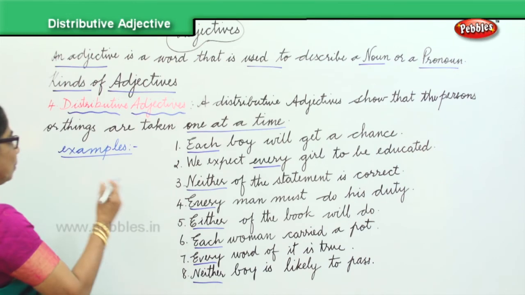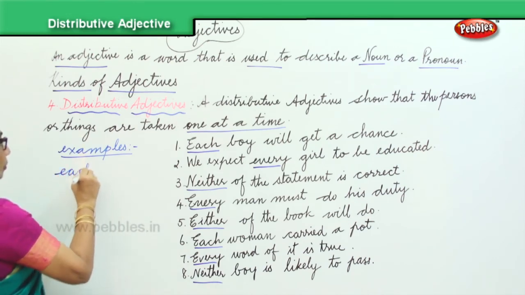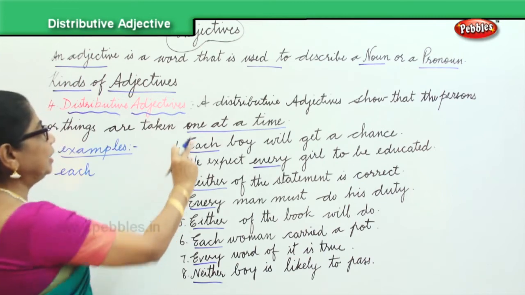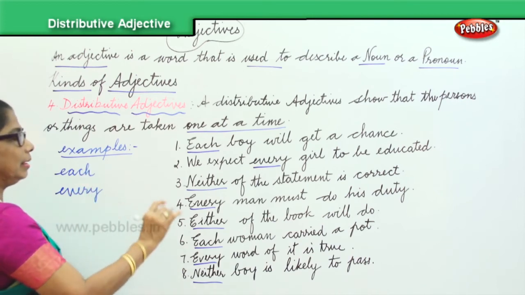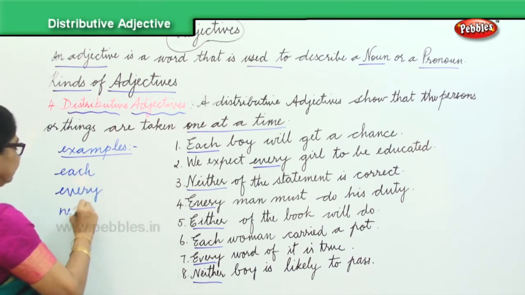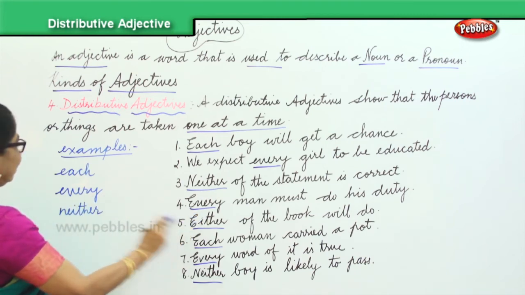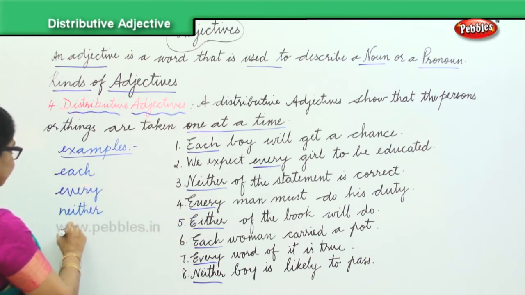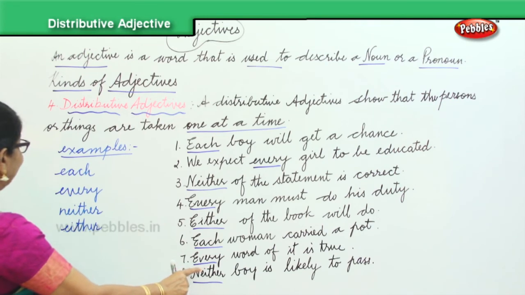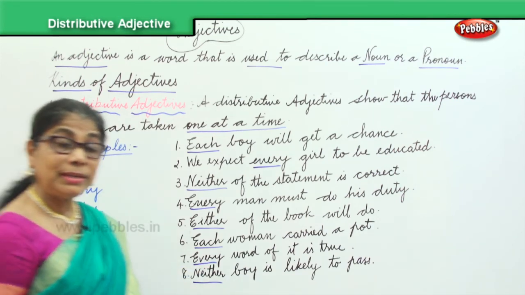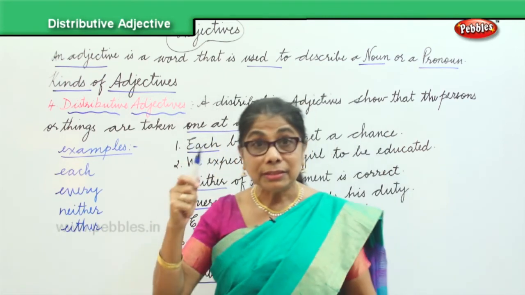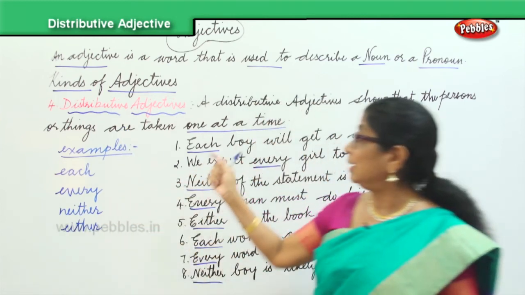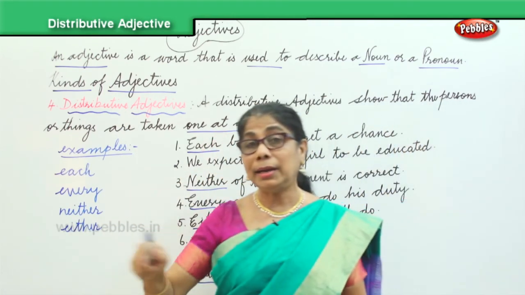So what are the words you need to remember? Each, every, neither, either. They take things or persons individually, one at a time. All these words help us to identify if it is a distributive adjective. The word distributive itself will tell us taking things or persons one at a time.